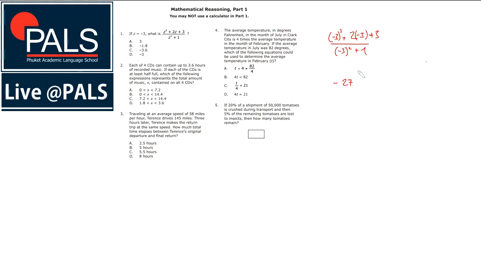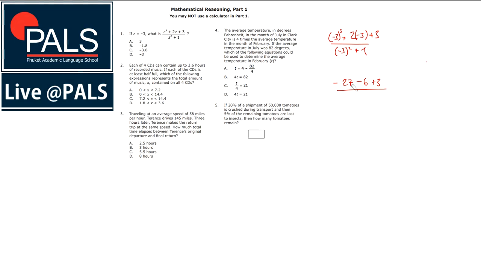That should be -27, since 3 times 3 is 9, times 3 is 27. Now, 2 times -3 is going to be negative, so 2 times -3 is -6, plus 3, over -3 squared, so that is -3 times -3.